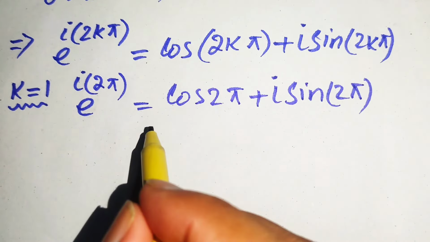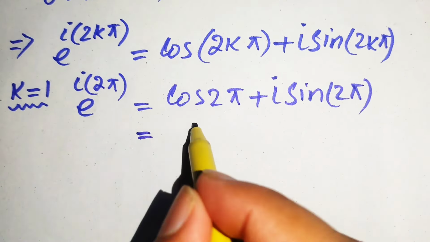We know that the value of cos 2 pi equals 1, plus iota times the value of sine 2 pi, which is 0. So this will be equal to 1.